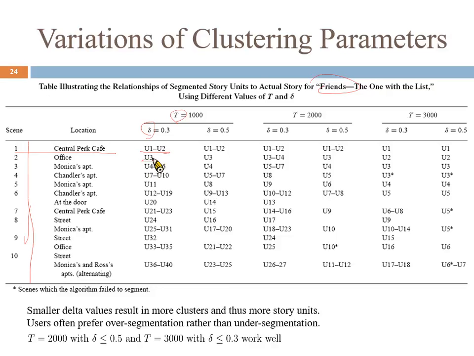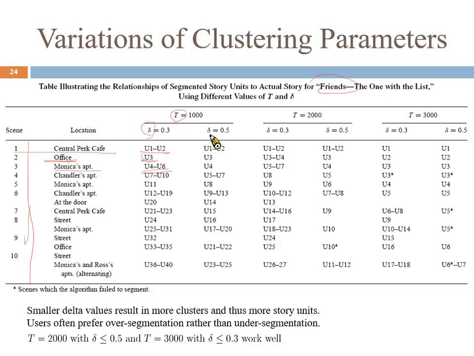And for U3, our system detects that there is a scene here, and it's actually 1 scene here. And here is another over segmentation situation. For this scene, Monica's apartment, this is actually 1 scene, but with such a parameter, we detect it as 3 scenes, scene number 4, 5, and 6, and so on.